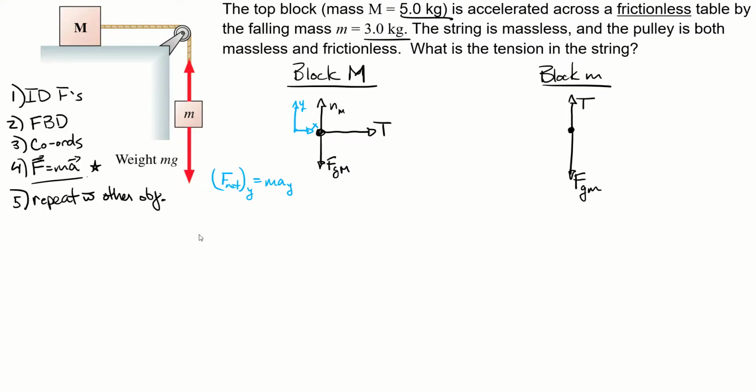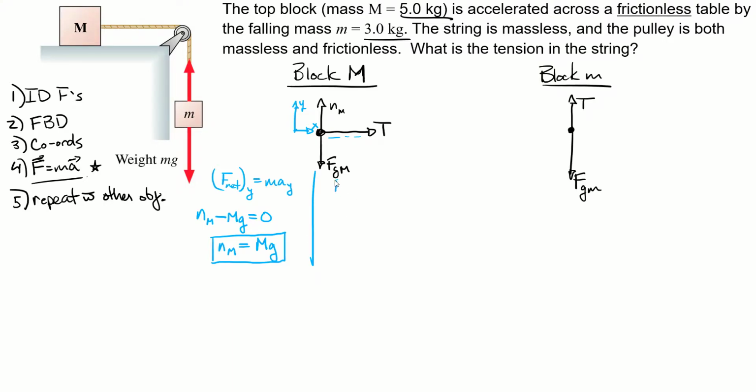If we look at these forces, that means the normal force on capital M minus capital M times g is equal to mass times acceleration. There's no acceleration of this block in the up and down direction. It's staying on this surface, so we know that acceleration is 0. We know the normal force on the block capital M is equal to M times g. So there's one equation we've got from Newton's second law.